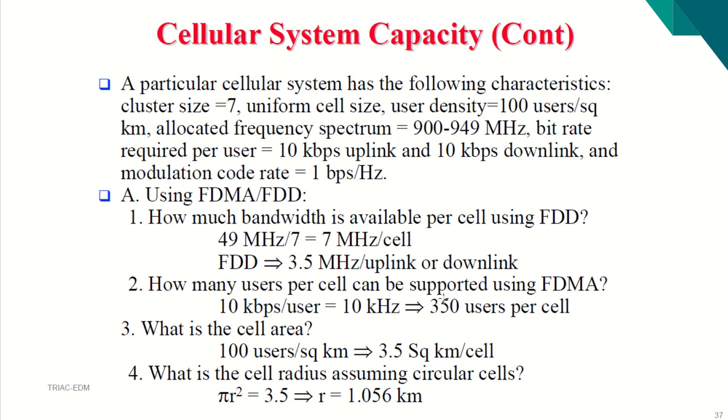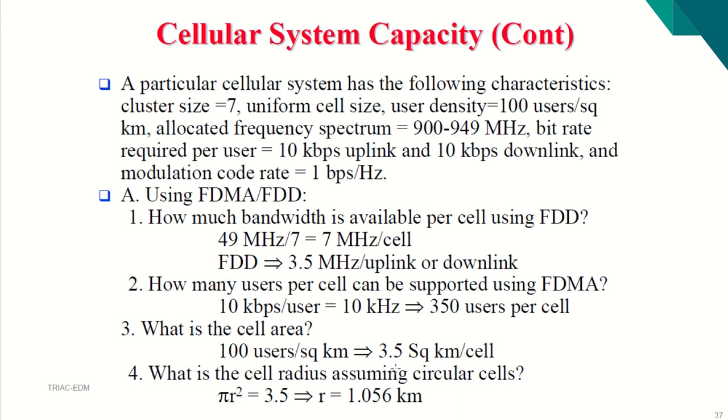So we are trying to accommodate 350 users per cell. And then what is the cell area? We are trying to find an area that accommodates 350. Since we have 100 users per square kilometer, then 350 divided by 100 is 3.5, and then we will say it will be 3.5 square kilometer per cell.